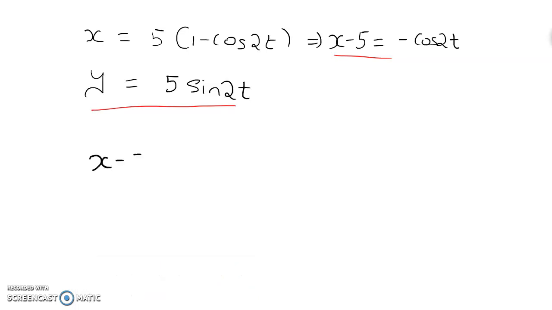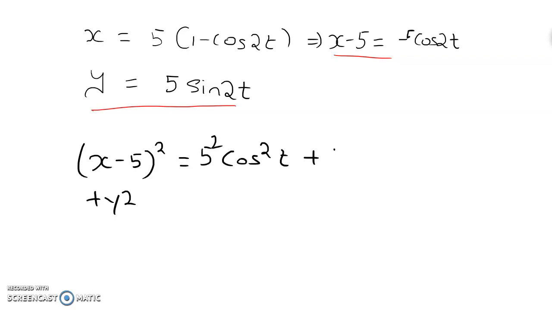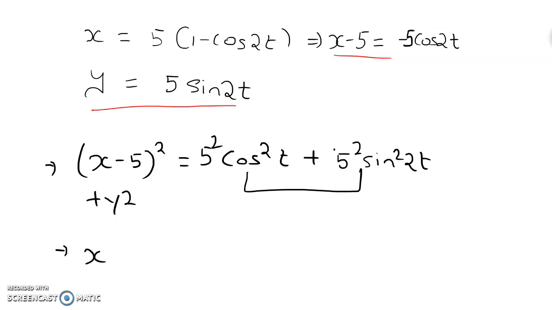So x minus 5 whole square is equal to cos square 2t, and y square is 5 square sin square 2t. Now sin square plus cos square is 1. So ultimately I would have x minus 5 whole square plus y square is equal to 25. So this is the equation of a circle.